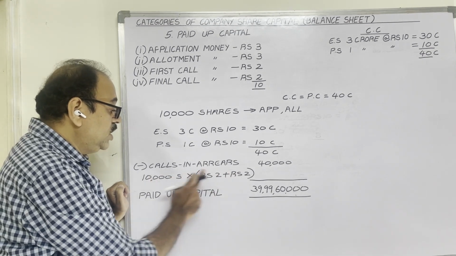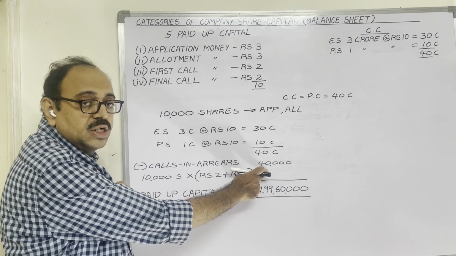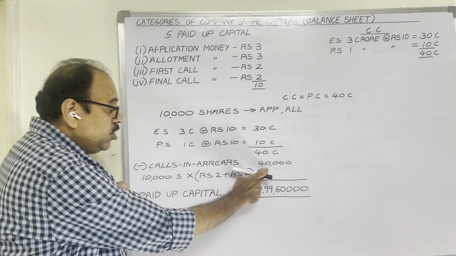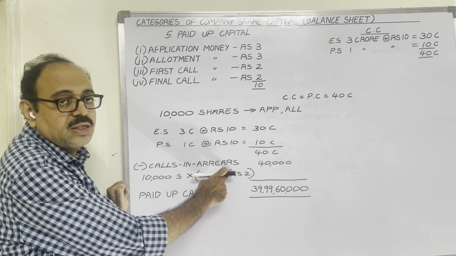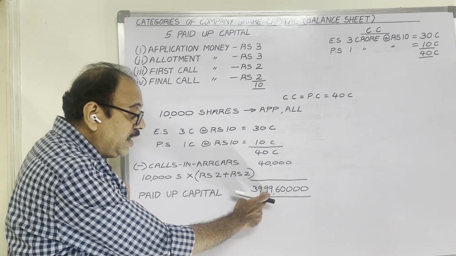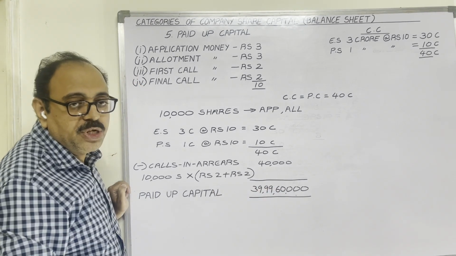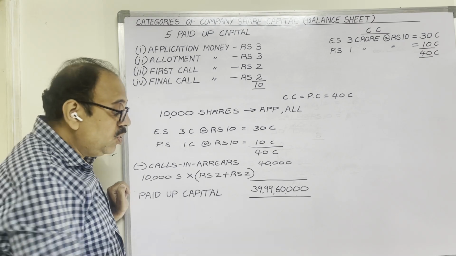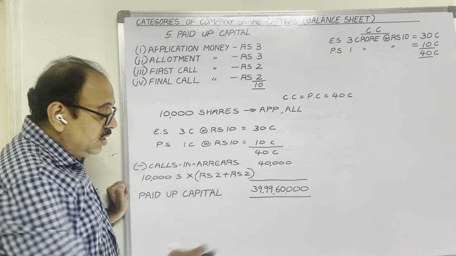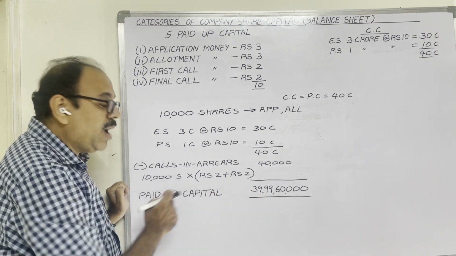So 10,000 shares into 4 rupees, 40,000. The company failed to collect this money from the shareholder. This amount is known as calls in arrears. And the remaining amount is 39 crore 99 lakh 60,000 rupees. So the company received only this much amount from the shareholders in the current year. This amount is known as paid up capital.